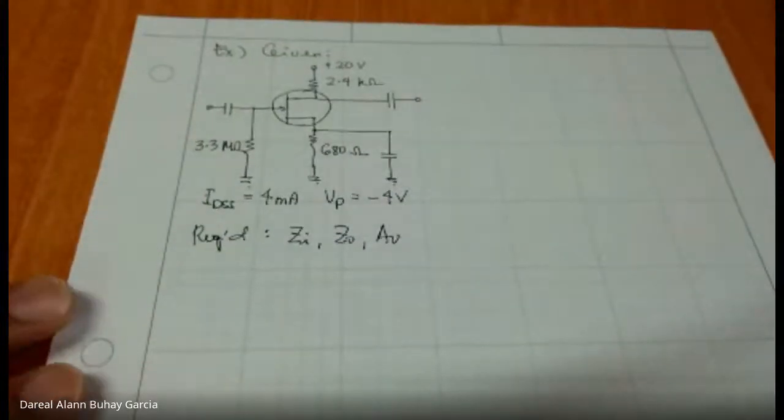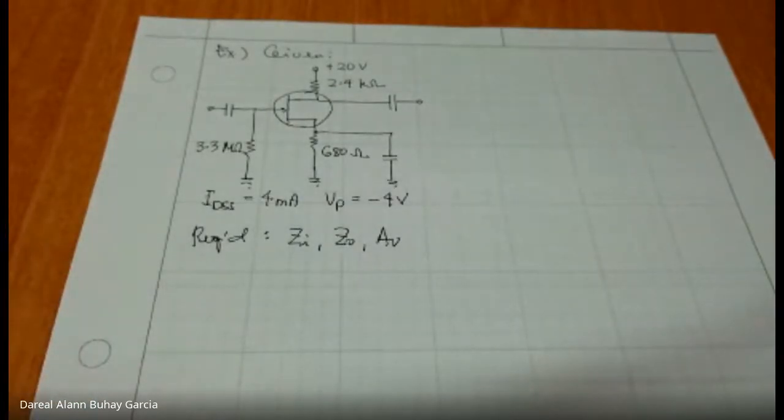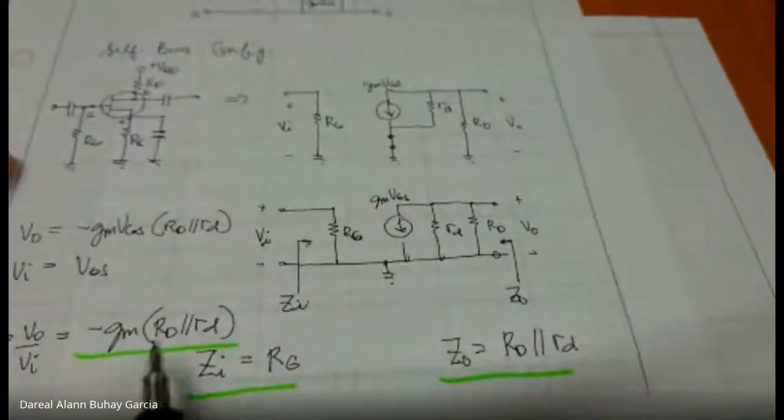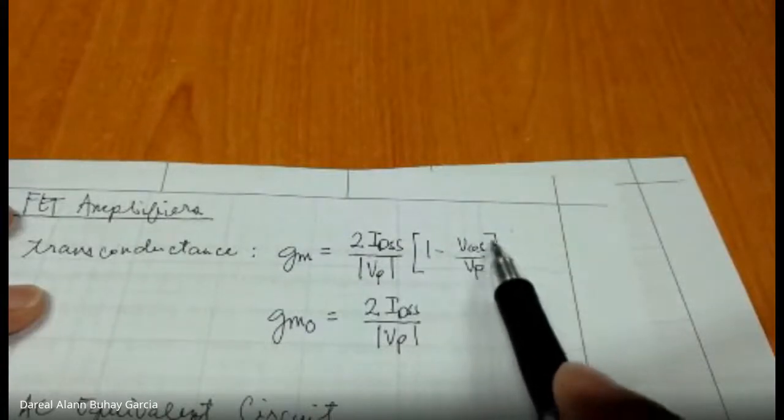Sige. Solve down ninyo. How much is ID? Okay, sabay magamit na to. Need pa ba ang DC nga? Ano? Need pa ba ang mga DC nga? No. Okay. gm is ang need lang is ang VGS.